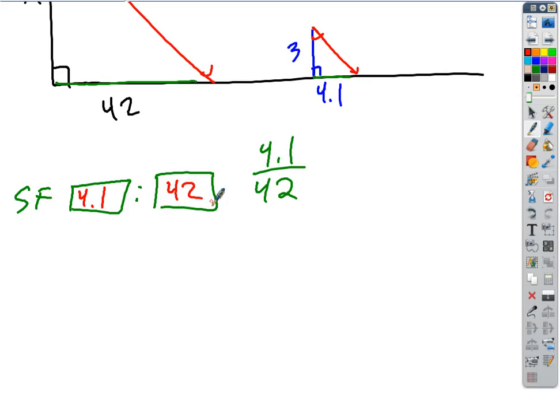So how do I take this fraction and get rid of that decimal? Yes, ma'am? Yeah, multiply the top and the bottom by 10. What that does is it moves the decimal place 1 to the right, doesn't it? So then I end up with 41 over 420. That's what we want. Okay? Now sometimes once I get there I can reduce that fraction, but here I can't. I think that's it. Okay? Make sense? Okay? All right.